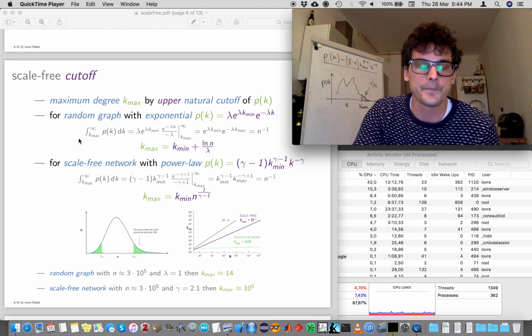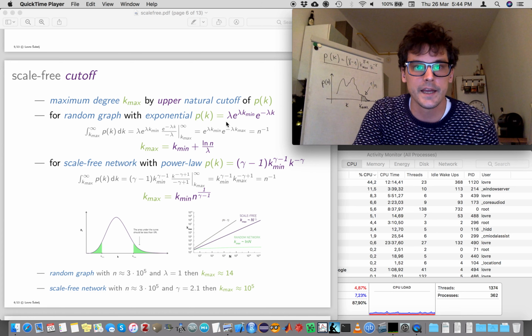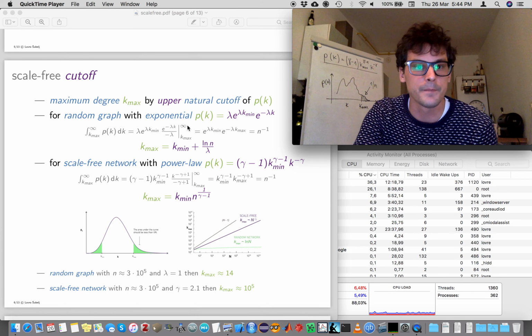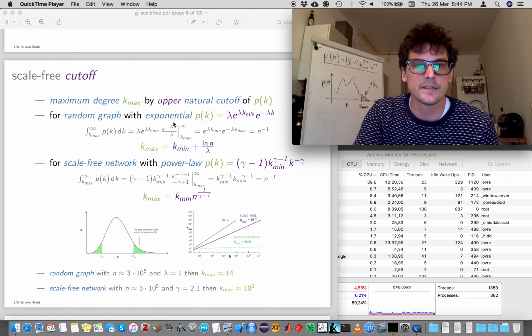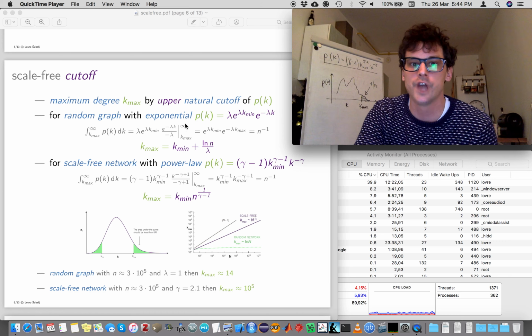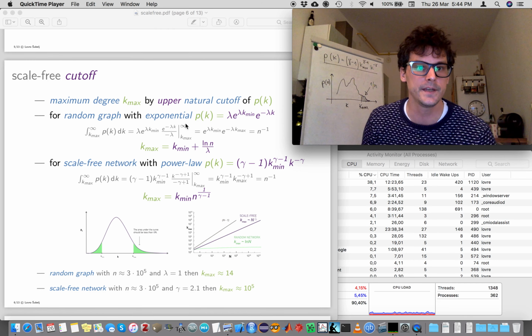So we take the integral from k max to infinity, we plug in the exponential distribution, compute its indefinite integral and evaluate it at the upper and lower bound. Since this term is actually downstairs because of the minus, we get 0 when we plug in the infinity.